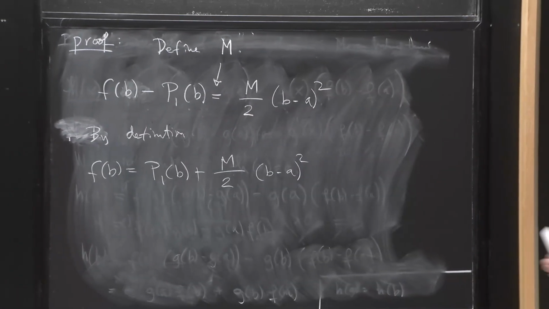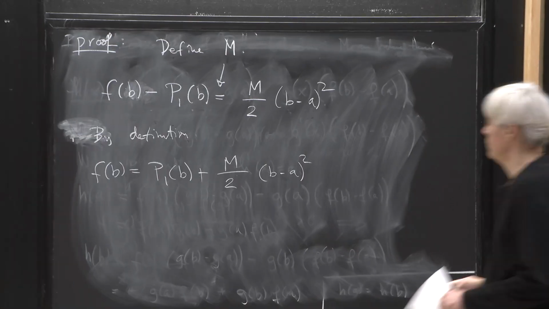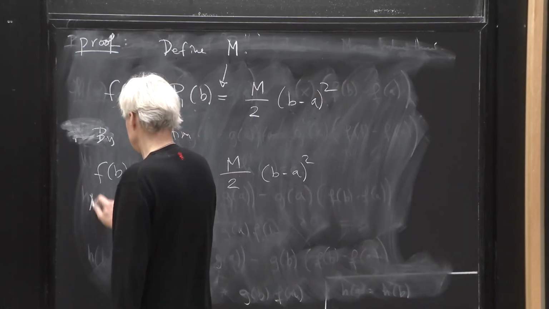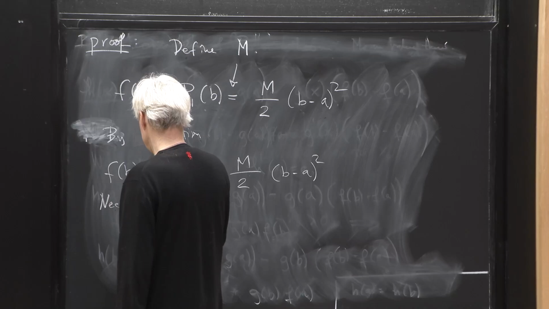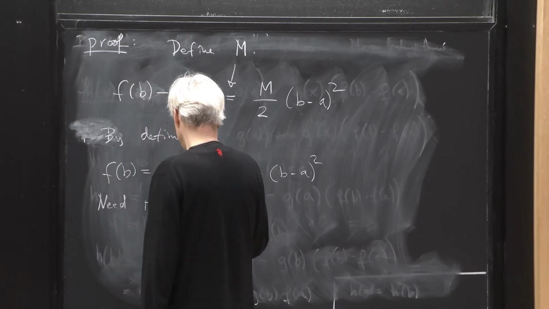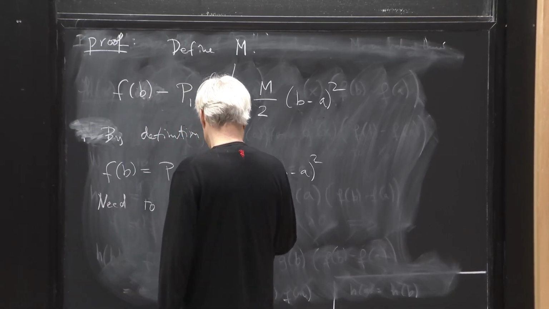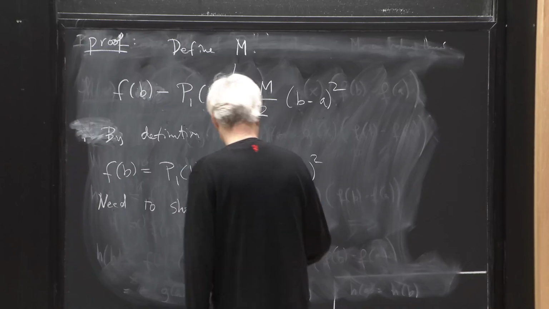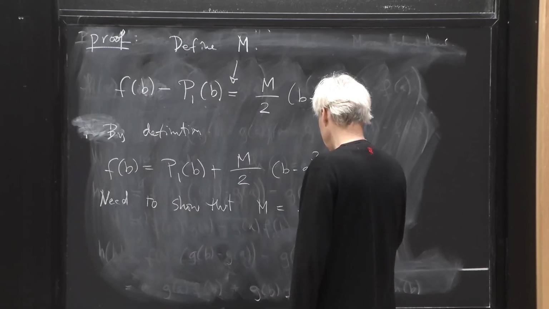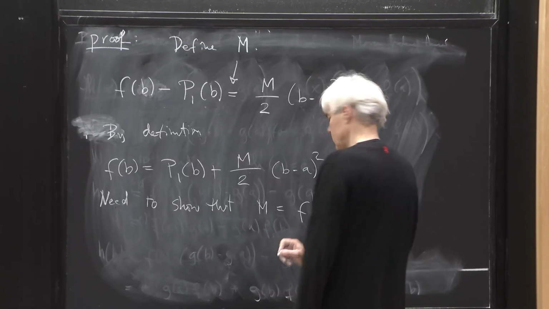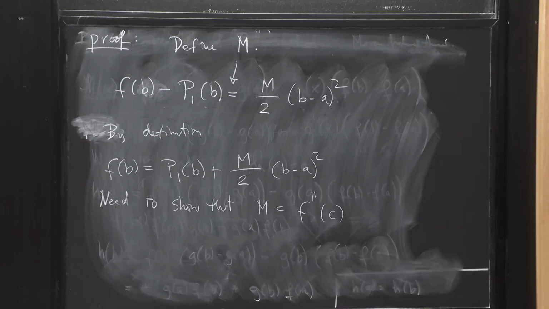Okay. But we need to prove that M here is the second derivative of the original function at some intermediate point. Right? That's what we need to prove.